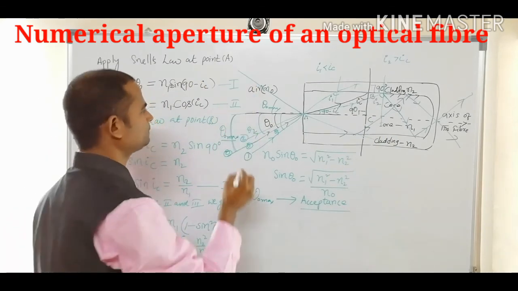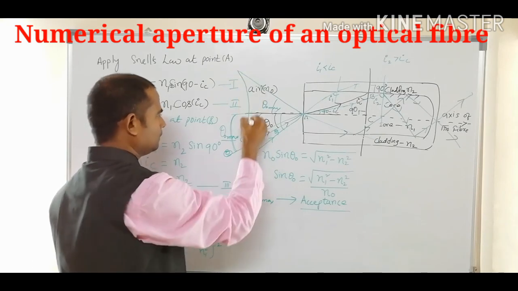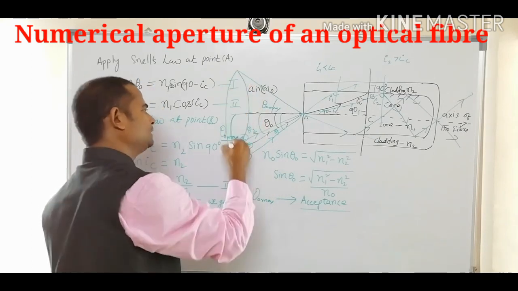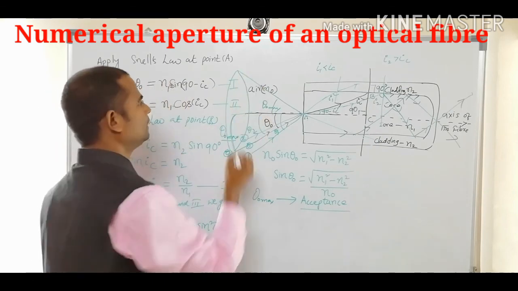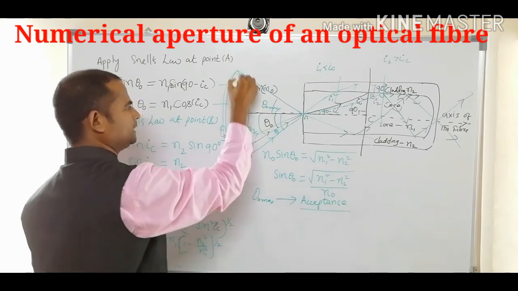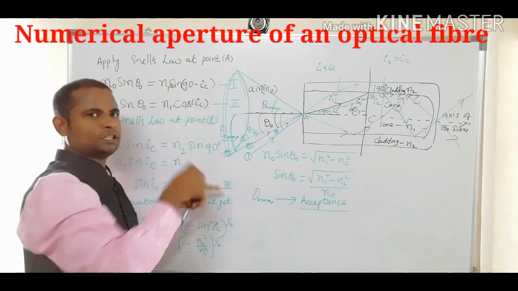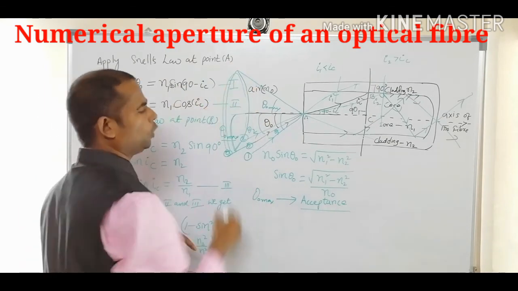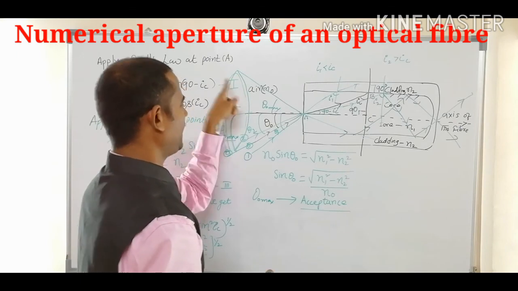That means it does not matter from which orientation the ray would fall. If I can rotate this ray through 360 degrees, it will form a cone. This is known as the cone of acceptance.